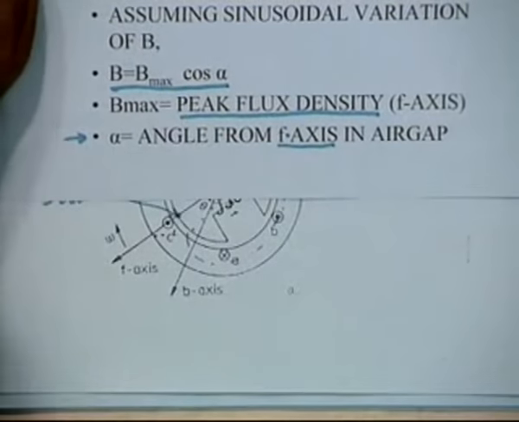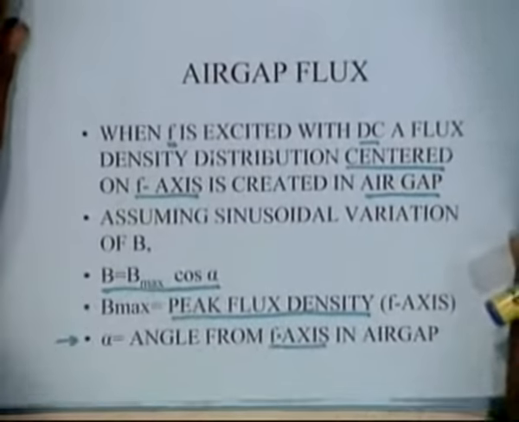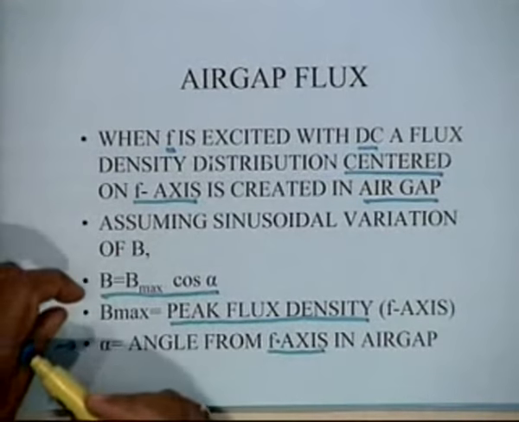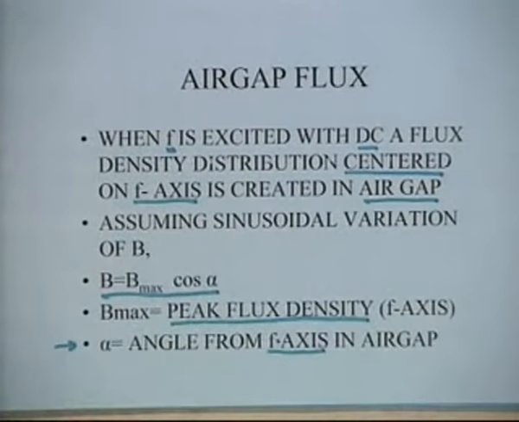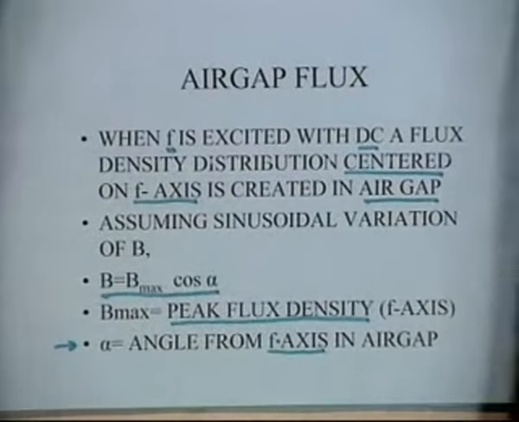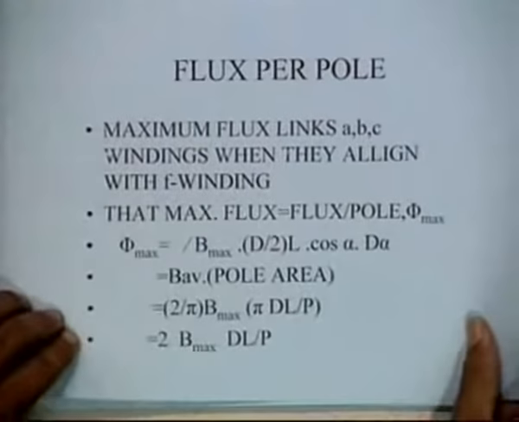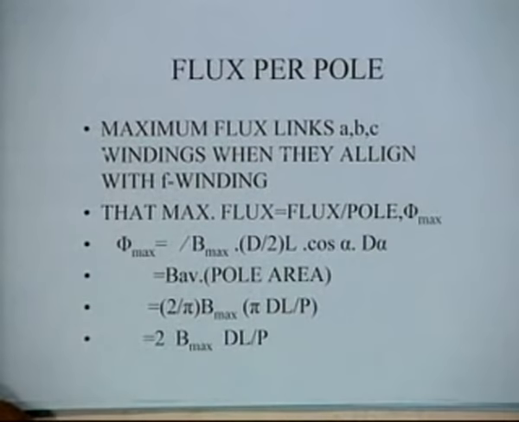So, our starting point is this air gap flux like this, okay. Now, we would like to know what is the flux per pole. B is varying in space, and we would like to know the flux per pole.